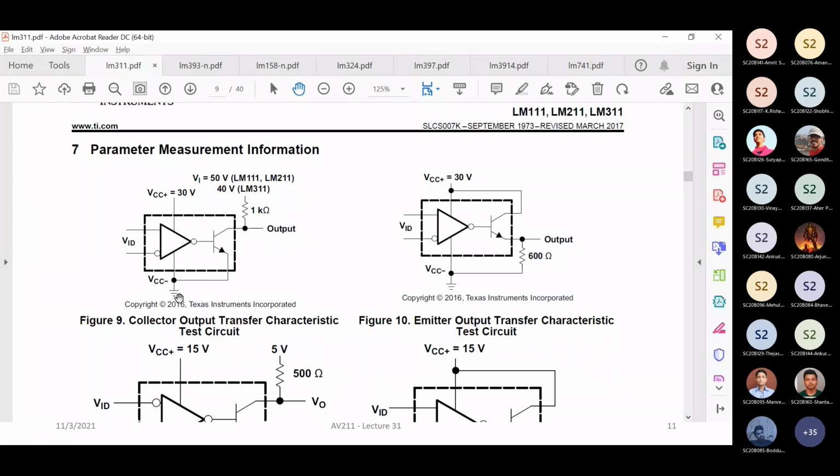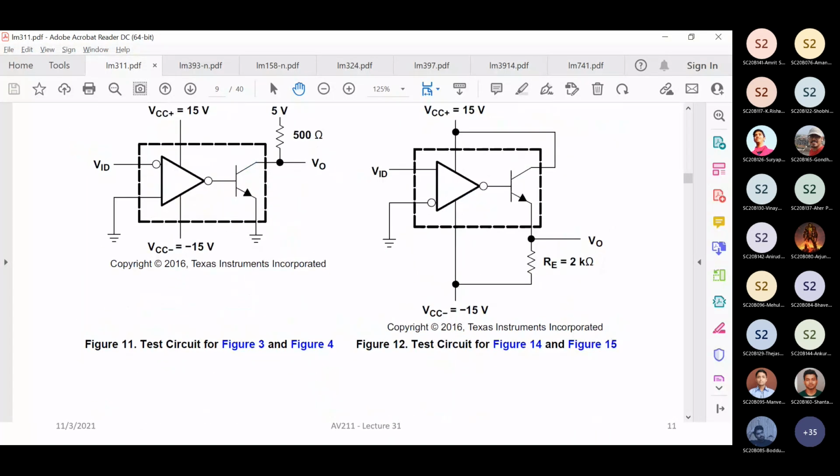They have the collector, and the collector is pulled up to VCC with a 1 kilo ohm resistance. That is why you have the bubble here. So basically, this is also the bar of the output, and therefore when you put a pull-up resistor and take it out, you will get the actual output. You can also put the emitter characteristics and other things.